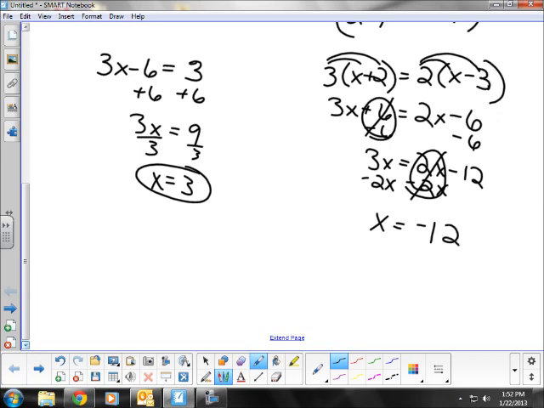So x is equal to negative 12. And then you go back and plug it into the equation to see if it gives you a true statement. Okay? Like I said, this is a shortcut, and it only works for problems of this particular type.